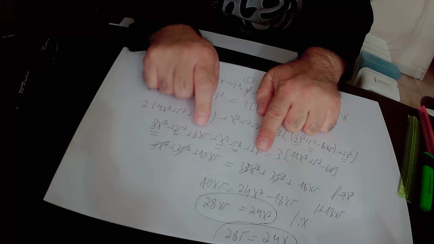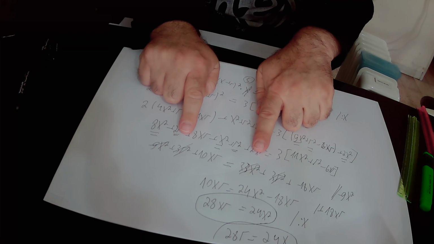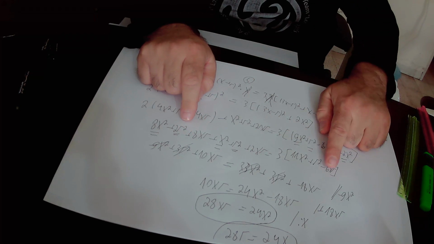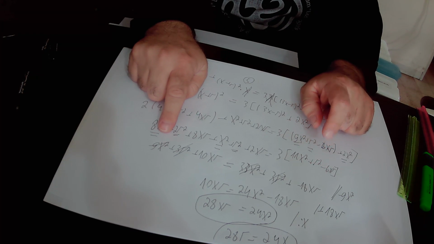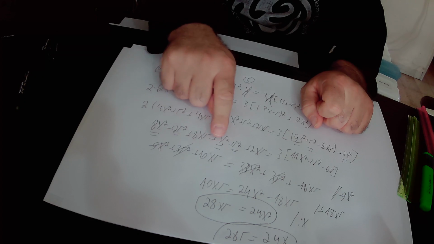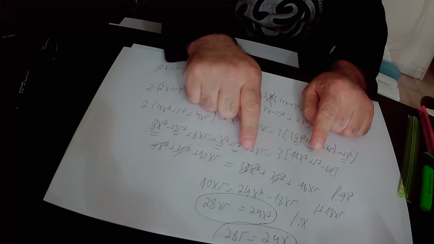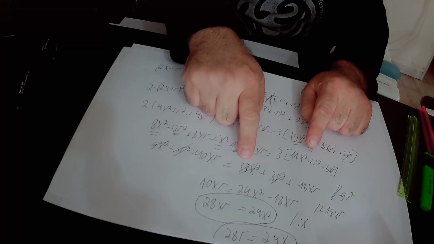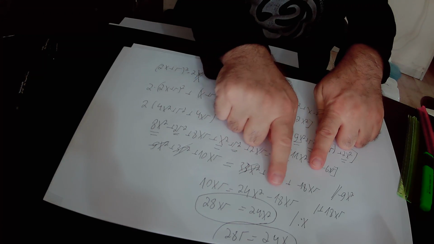So here we have 3r squared on both sides of the equation, so 3r squared will get cancelled. In the next step, we subtracted 9x squared from this equation. 9x squared minus 9x squared is 0, so on this side of the equation we are left only with 10xr. On the other side we have 33x squared minus 9x squared is 24x squared, minus 18xr.